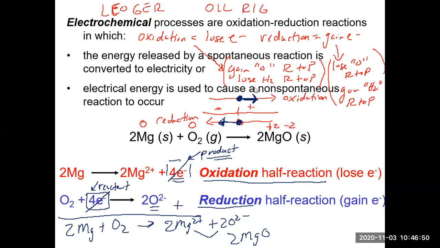If they don't, then you need to multiply by a number to get the same number of electrons, because the basic idea of a redox reaction is, like I said, somebody will lose a certain number of electrons, and there's sort of conservation there. All those electrons will be gained by somebody else. So each half reaction, before you add them together in sort of a basic one, you want to make sure same number of electrons on each half reaction.